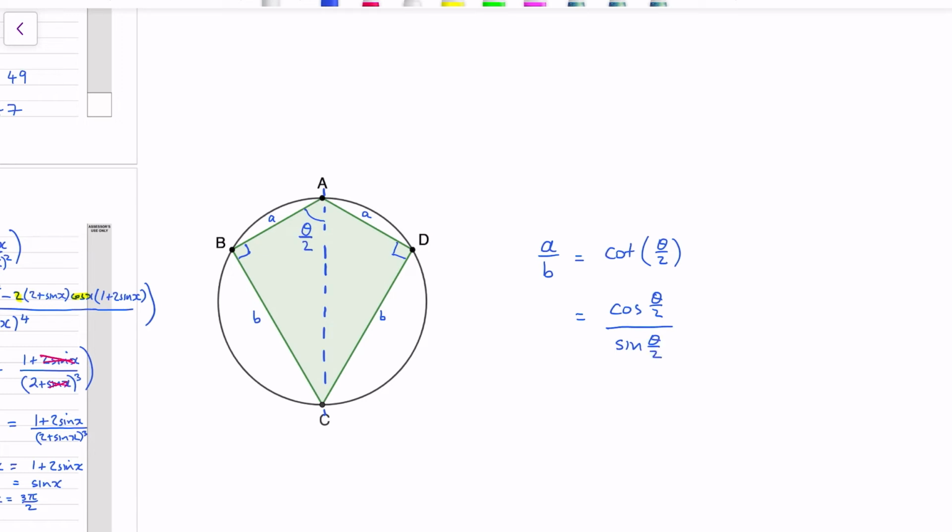We've got half angles. So if we go to the formula sheet, I'm just going to find, because I don't have one on me. You get double angle formulas.